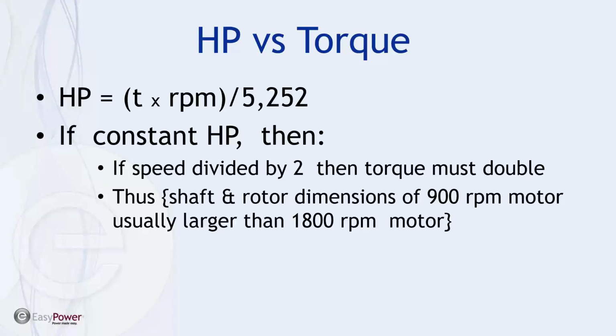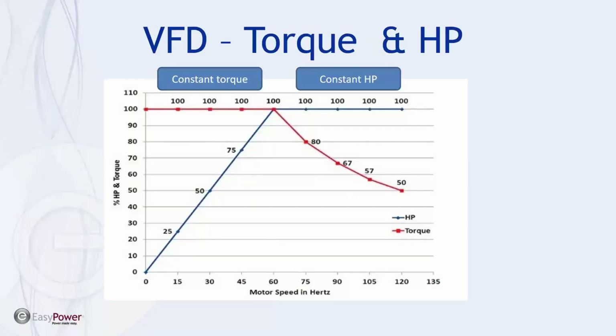Now, if we look at the way a VFD works, we have a constant torque part of the performance on the left of the curve, which is those frequencies below the main design frequency of the motor. So for a motor designed to work at 60 hertz, anything driving at a lower speed we have to adjust the horsepower to maintain the constant torque.